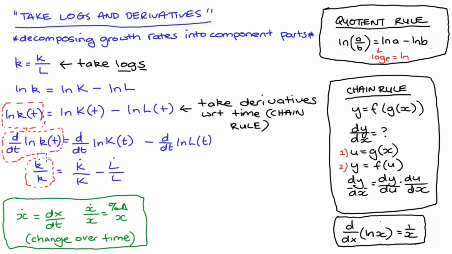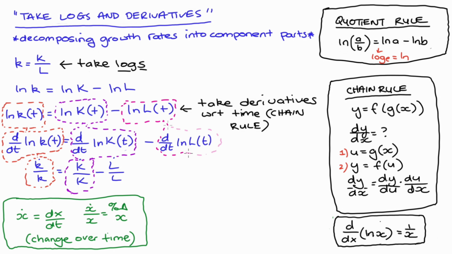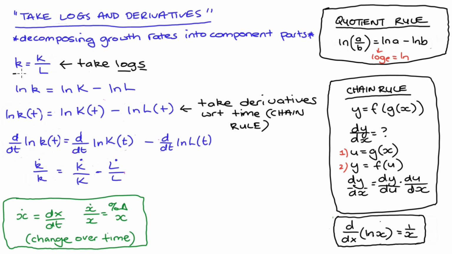If we went through the same process with the log of big K, we will get the growth rate of big K back, so big K dot over K. And same with our log of big L, once we take the derivative with respect to time, we get the growth rate of big L back, that's L dot over L. So we've ended up with this expression for the growth rate of little k being equal to the growth rate of big K minus the growth rate of big L. And so by taking logs and derivatives, we get this decomposition of the growth rate of our little k in terms of its component parts.